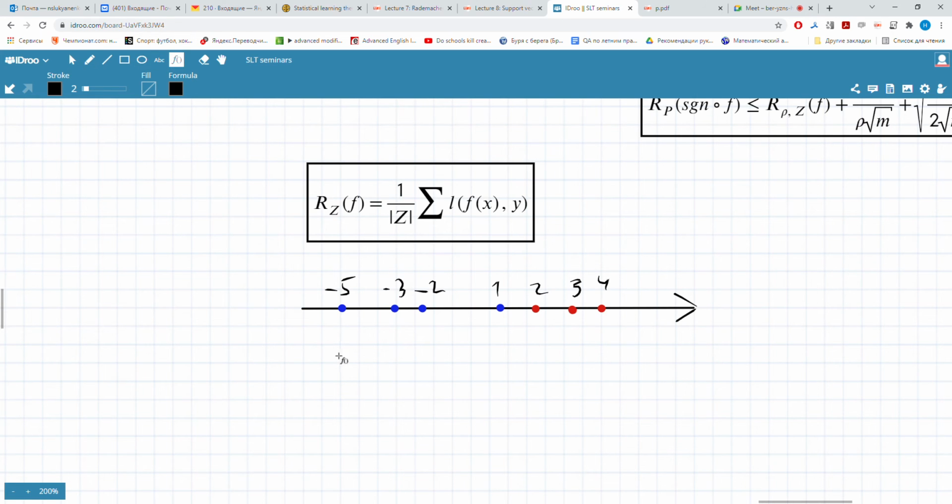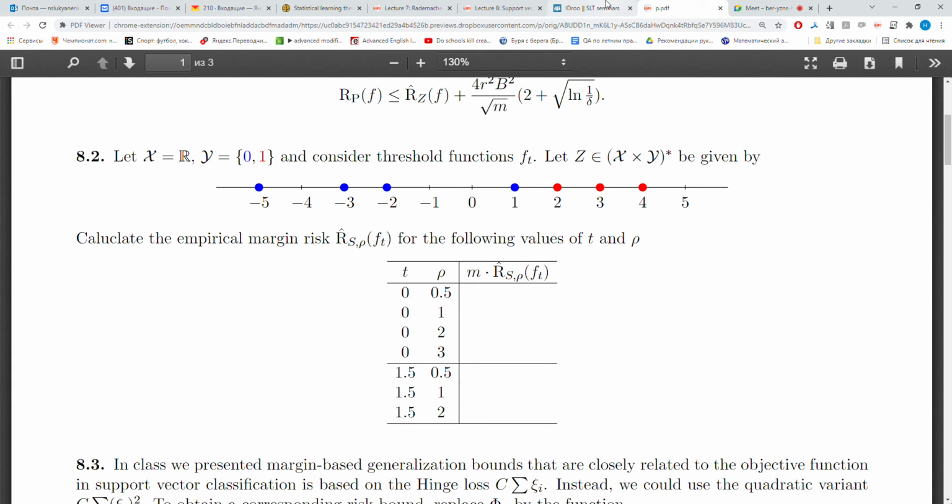Yes, and we want to compute, for example, it won't be a very beautiful table, but at least what else do we have.